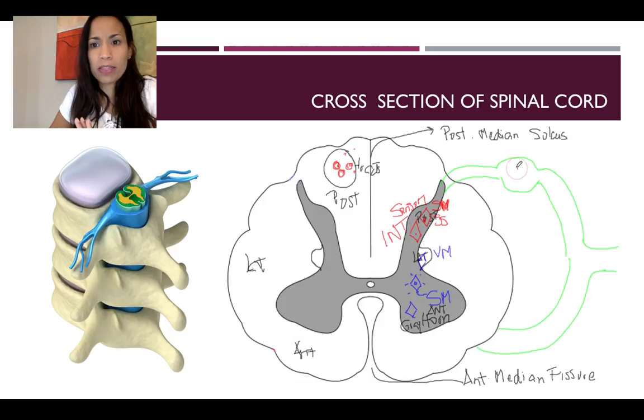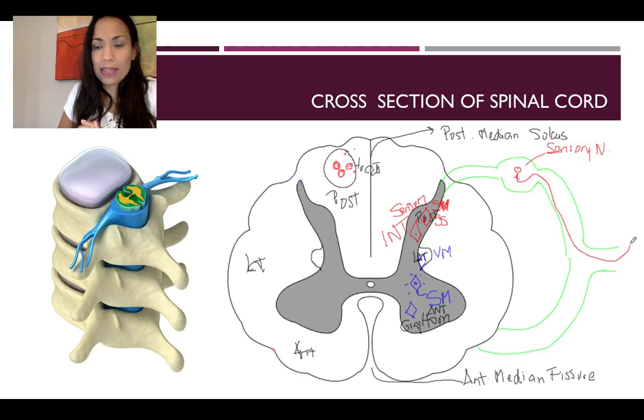You remember that this is the dorsal root ganglion, where the unipolar neurons, sensory neurons, are. So this neuron, remember, is connected with, let's put in here, the hand.